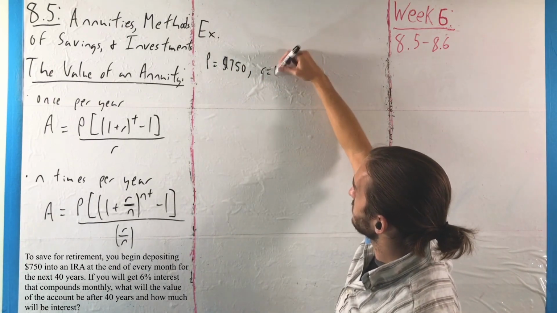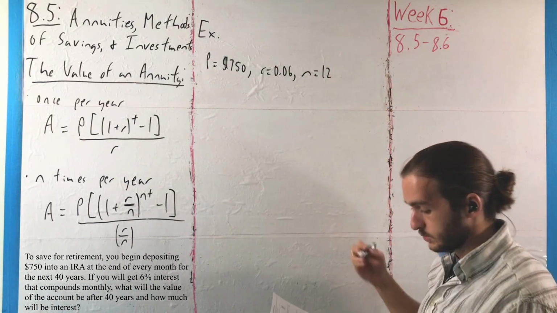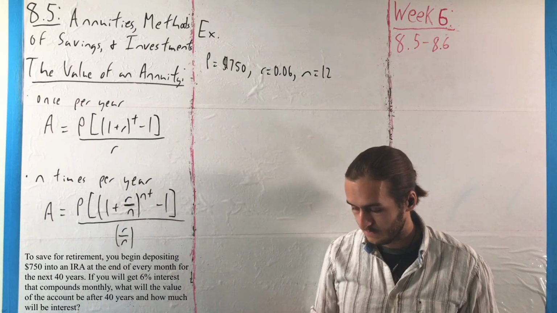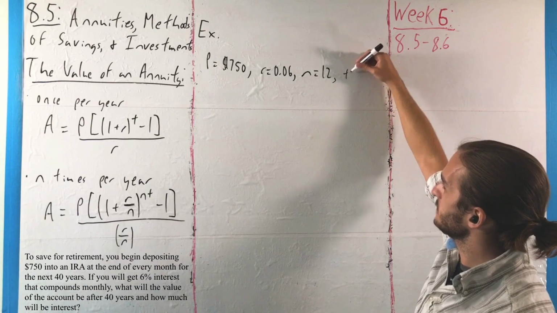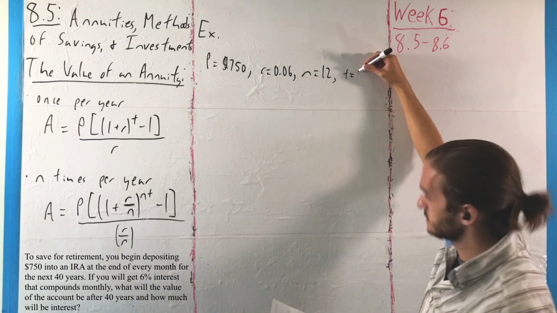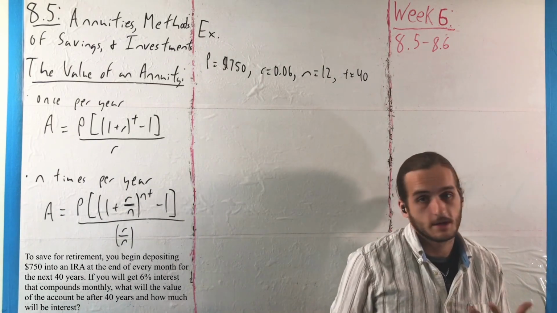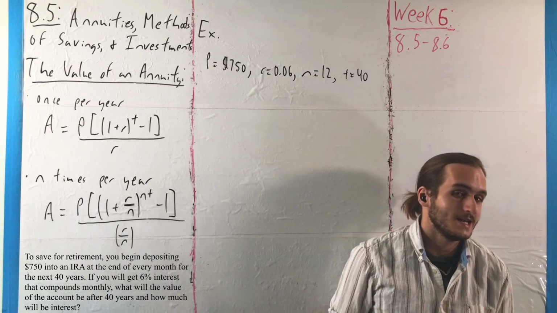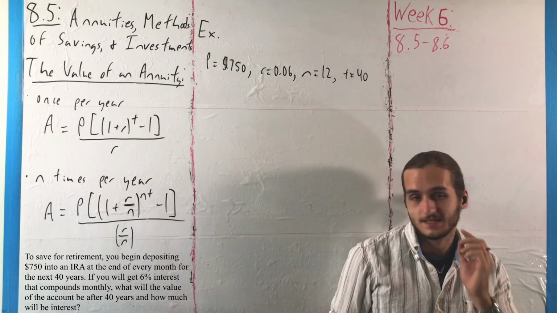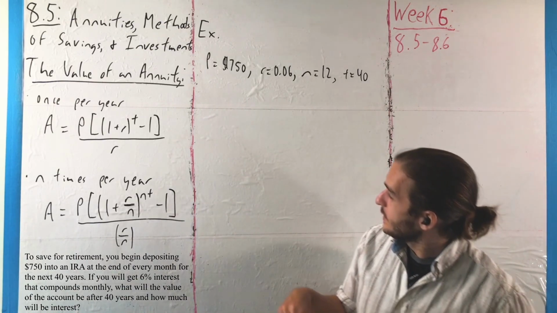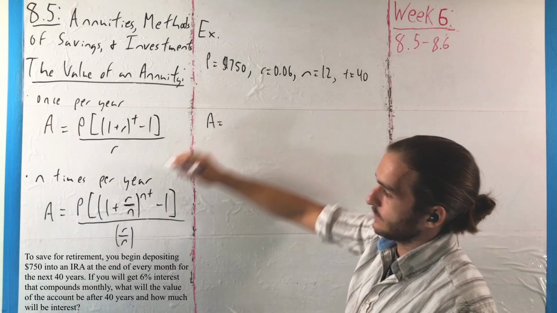R, the rate, is 6%, the number of periods n is 12 because it compounds monthly, and t, almost forgot the most important part, is 40 years. Or in terms of the number of times it'll compound, 480, which should give you an idea that this is not going to be a small number. But to be sure, we can plug all of these things into our formula.